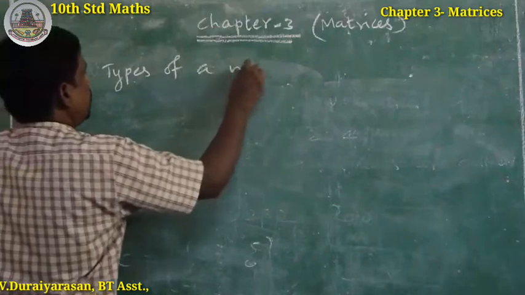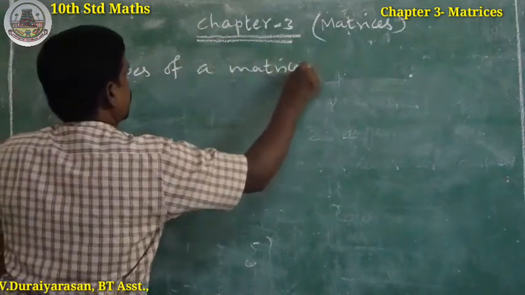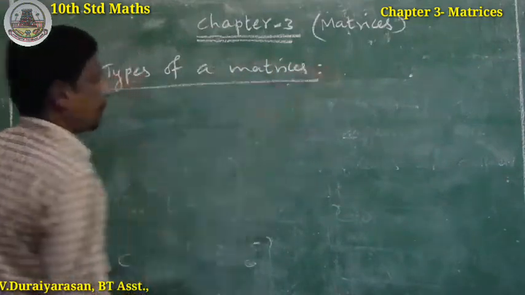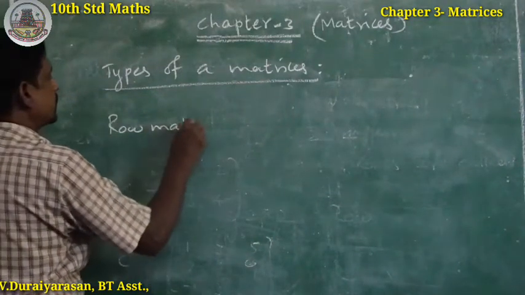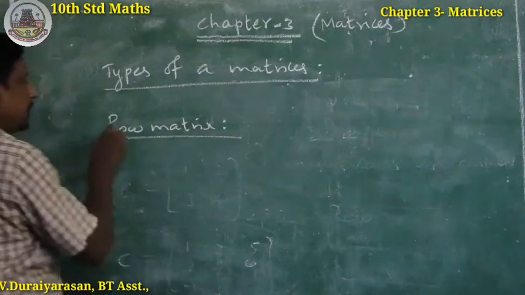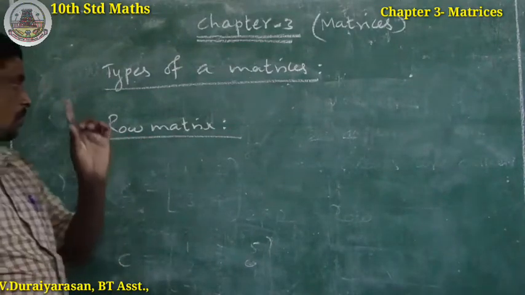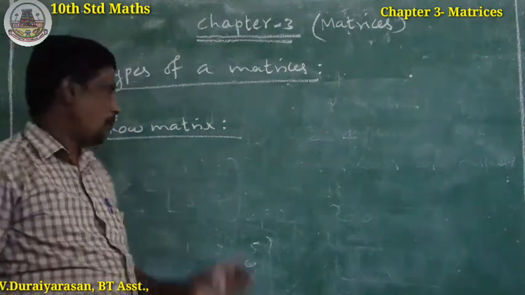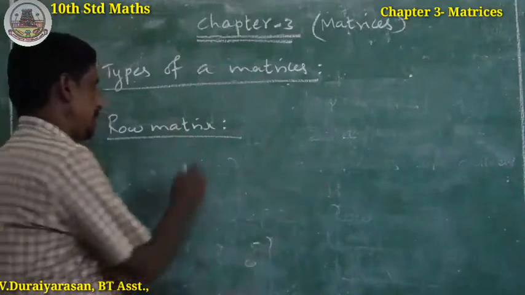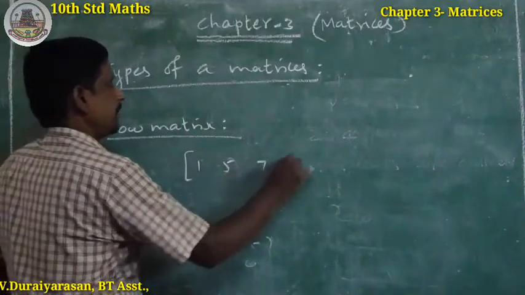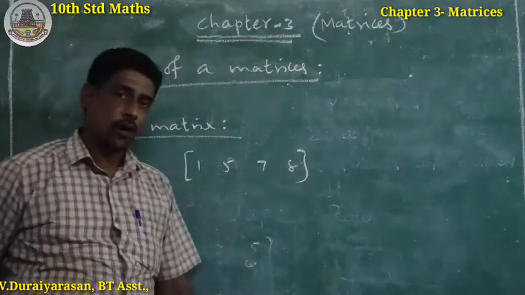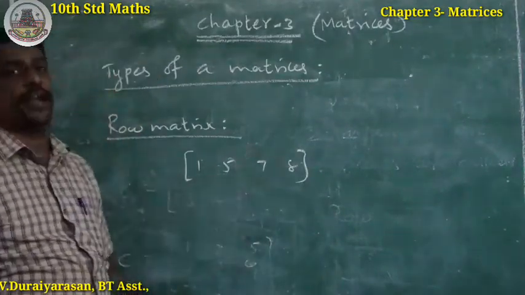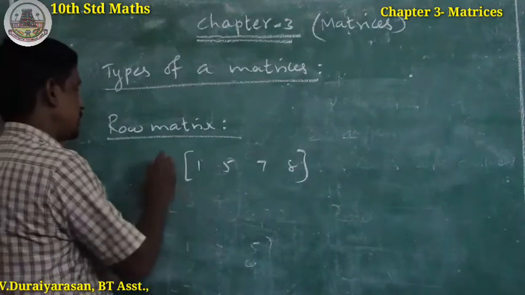Next, another topic: types of matrices. First, number 1, row matrix. Only one row, only one horizontal arrangement of elements, for example 1, 5, 7, 8. Only one row of elements is called a row matrix.